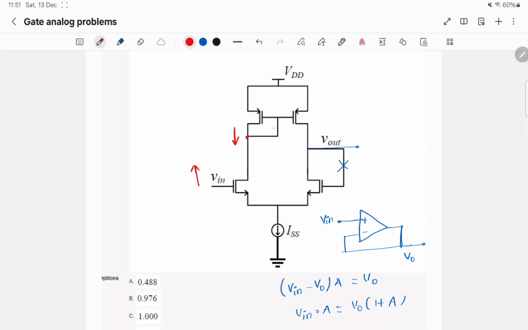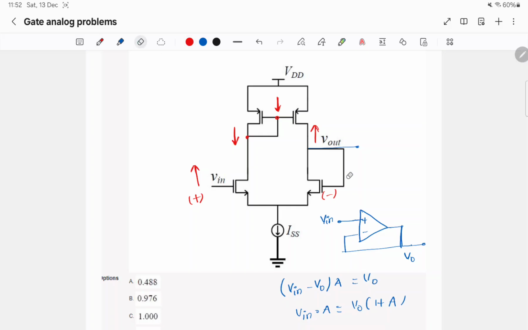If this node potential goes down, this will also go down. Again, here also it is a PMOS CS amplifier, so this potential will come up. So this is positive terminal and this is negative terminal.